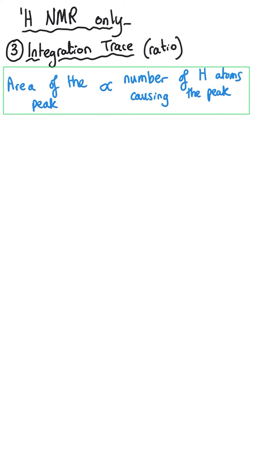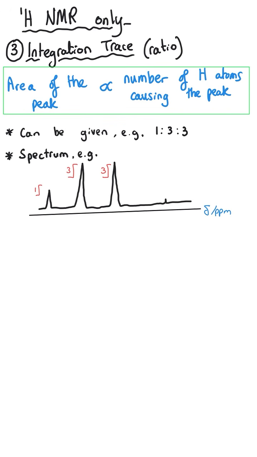Now, these are sometimes just given to you in a test situation as a ratio, or sometimes they are shown on a spectrum themselves as a ratio using just simple integer ratios like I'm showing here. The integration ratio itself shows us the number of hydrogen atoms that are contributing to each peak.